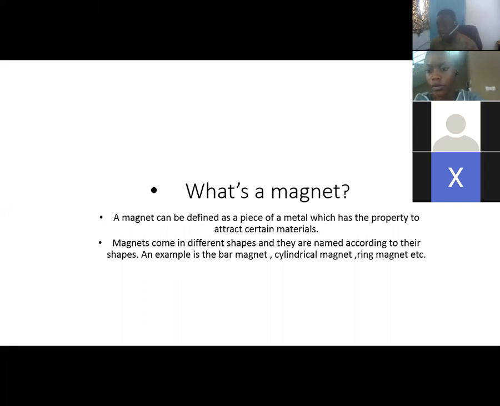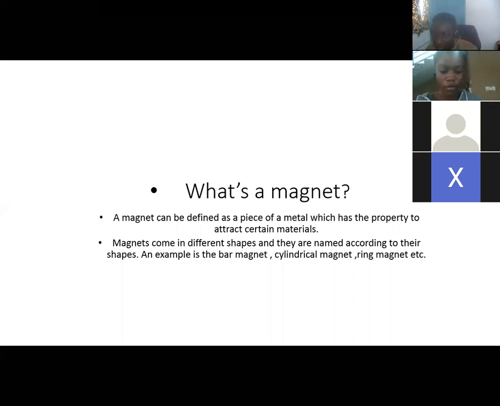It has this property on its poles. So due to the properties of the magnet, we can use the property to help define what magnetism is.